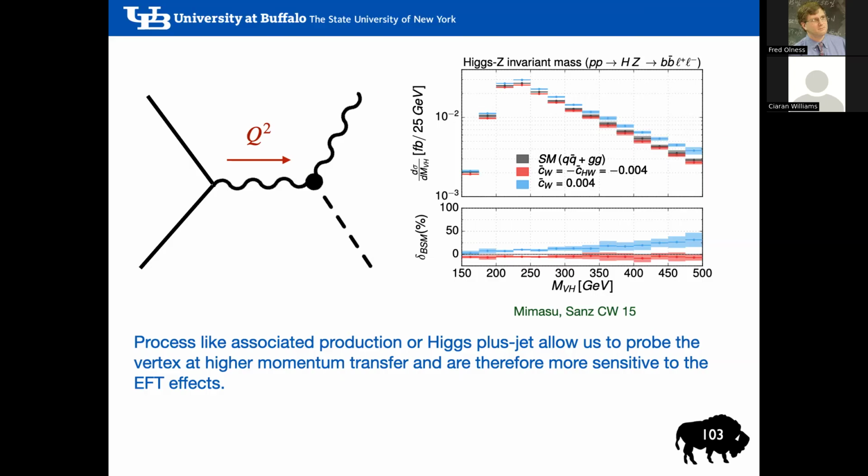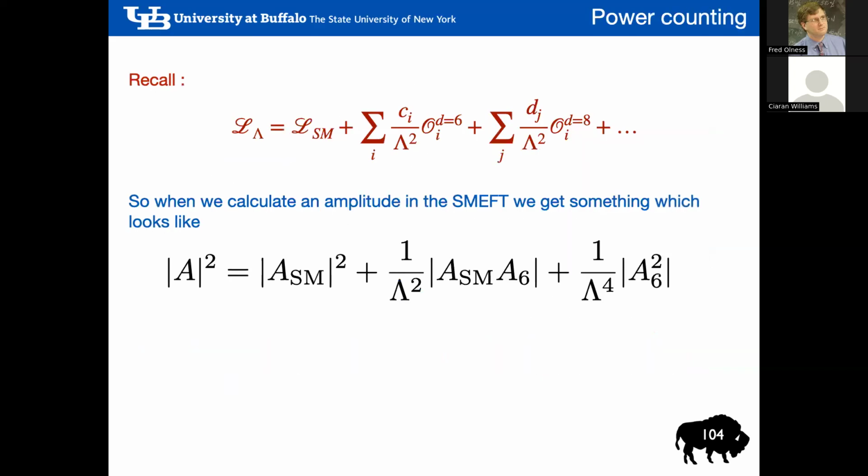This plot is also meant to show you how life is miserable, because it's a multi-dimensional space, I can choose two operators such that there's a lot of BSM physics, but they mimic the standard model. Just to make sure that everybody understands how brutal life can be. Right? So that means you have to measure a lot of different things, and you have to put it all together in doing your fits, right?